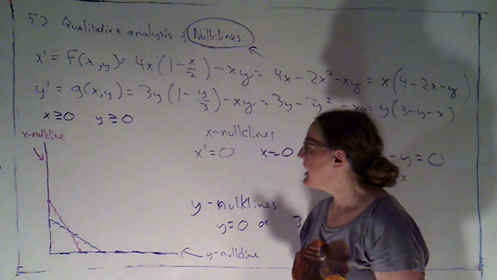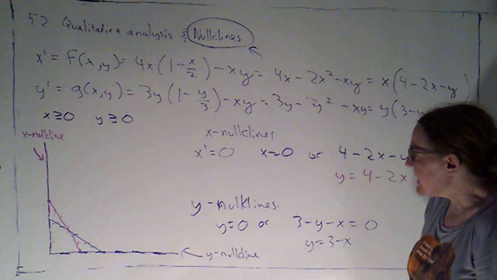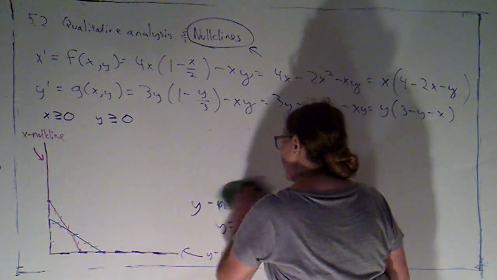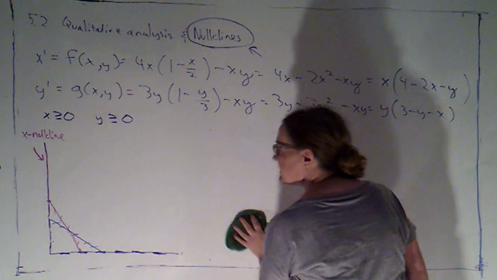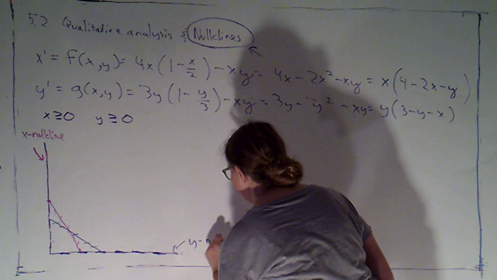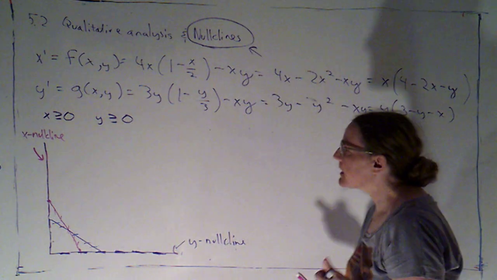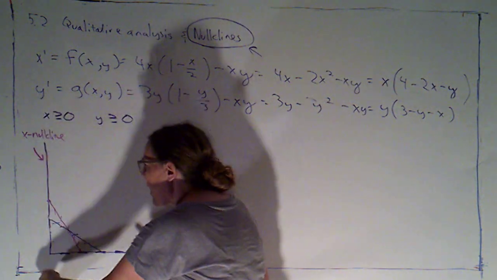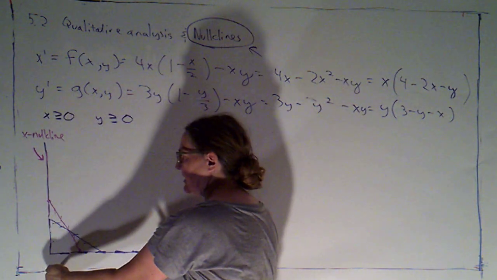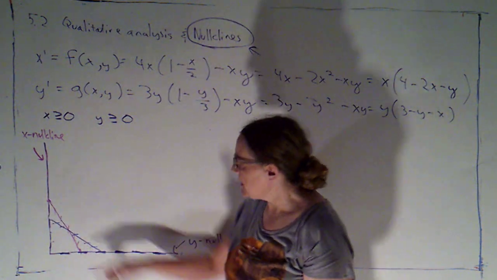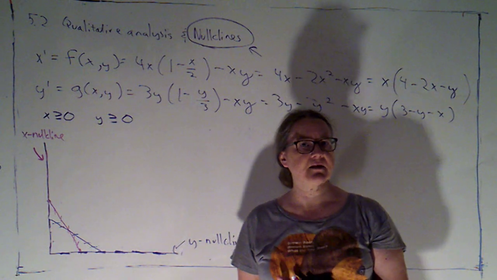Okay. Now if I take a look, my nullclines touch each other sometimes. There are some places where my nullclines intersect. Oops. This was a y-nullcline. Okay. Now if I take a look here, the y-axis was an x-nullcline. This pink line here was an x-nullcline. So that's two x-nullclines intersecting.